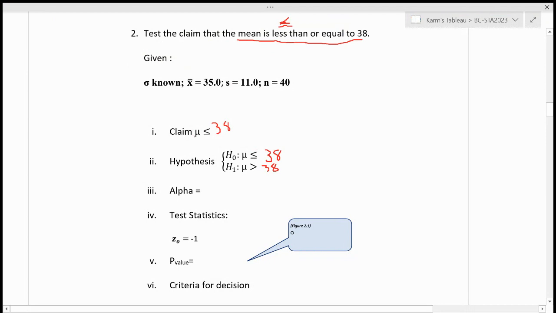So as you can see, the claim here belongs to H0 now. The claim belongs to H0. Now my question is, is it going to be a left tail, a right tail, or a two tail? What will you say?